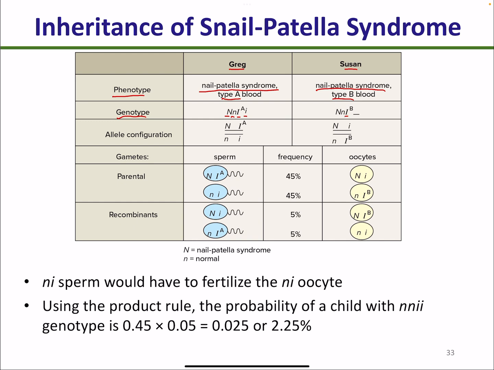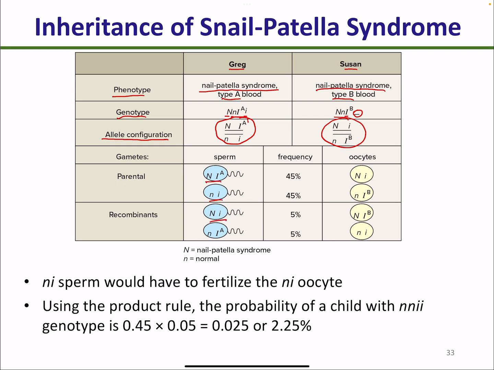We don't know here if it's lowercase i or capital I^B. Now, what are the possible allele configurations? So we have the possible allele configuration right here. Now, for Greg, based on the configuration, what are the different types of sperm that can be produced? So we have the sperm right here.